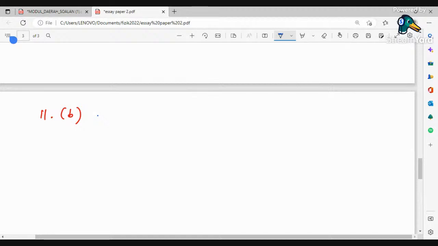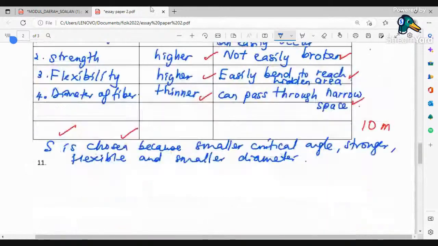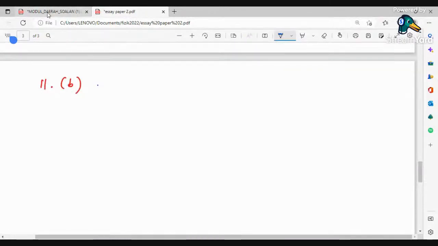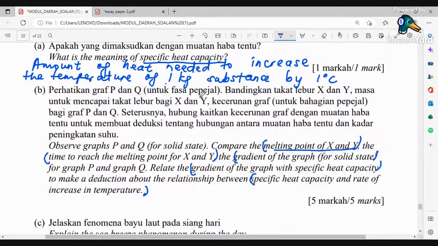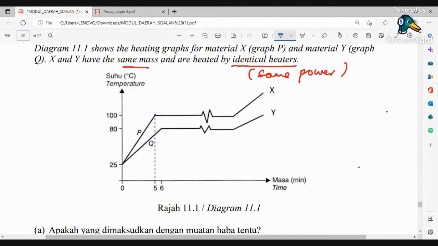First point, compare between melting point. Look at the graph again. For P, you can see it reached a constant temperature of 100. Means this is the melting point for graph P, or for X. And for this one, 80.